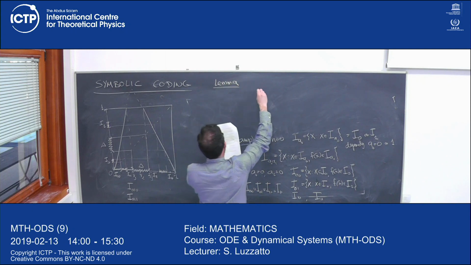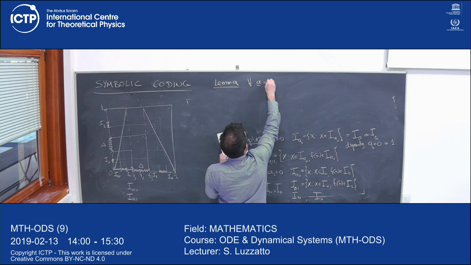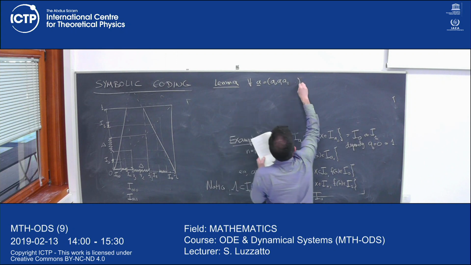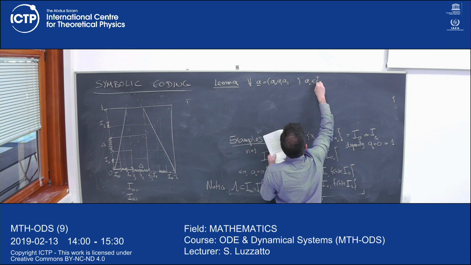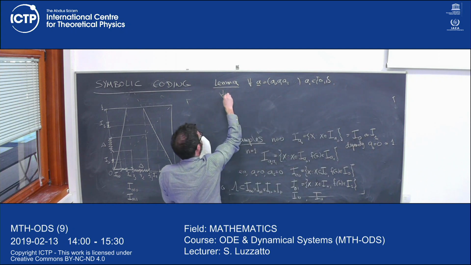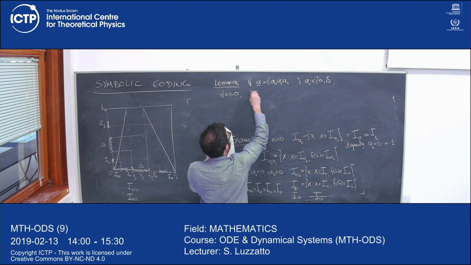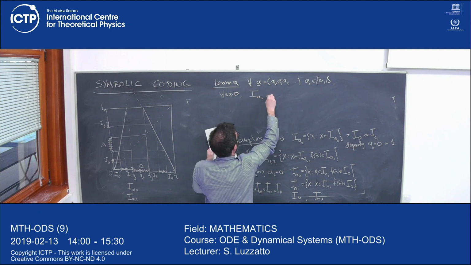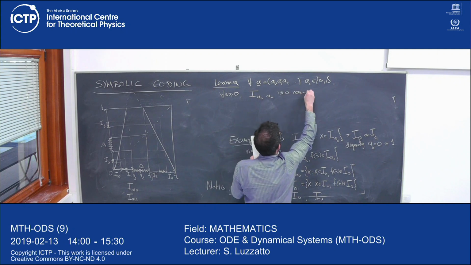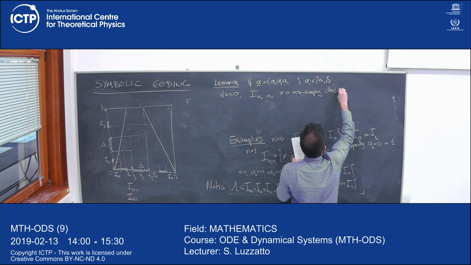Lemma: for all A bar equals the sequences A1, A2, in {0, 1}, and for all n greater than or equal to 0, we set I(A0 to An) is a non-empty closed interval.